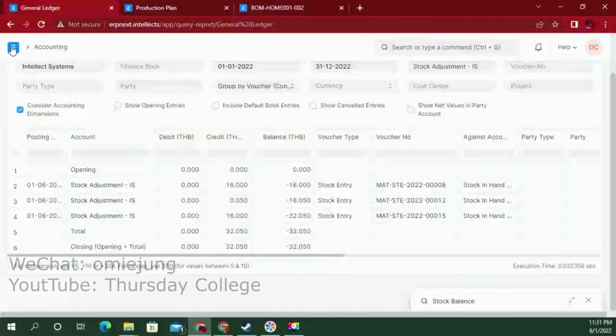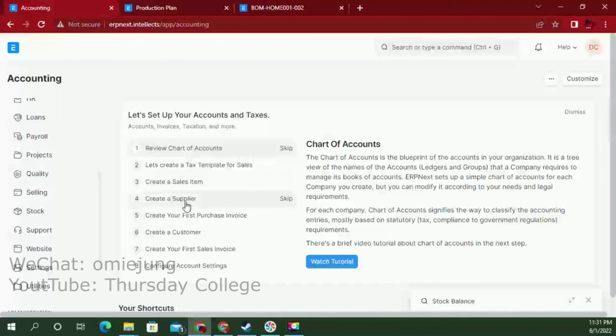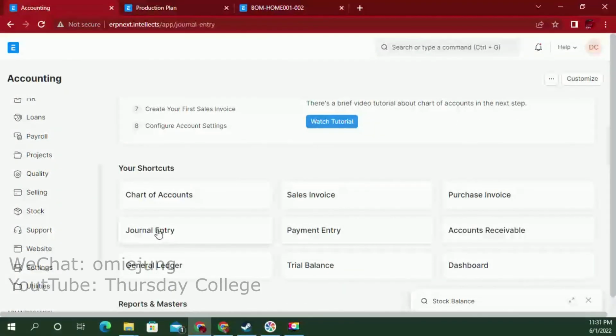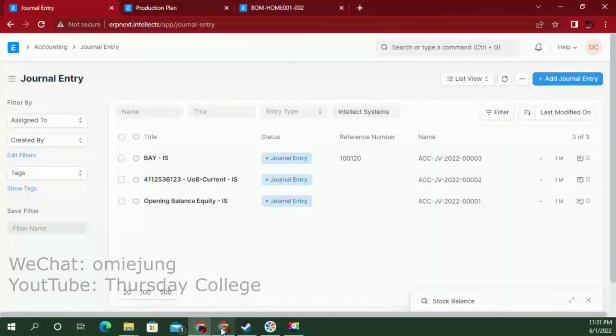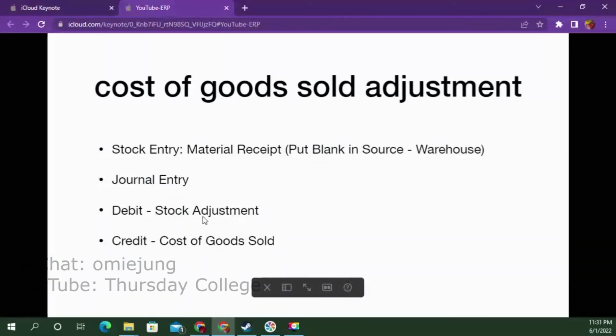What we need to do is adjust it with the cost of goods sold. So we go to the accounting, the journal entry. You just debit stock adjustment, so stock adjustment is supposed to become 0, and then credit the cost of goods sold.